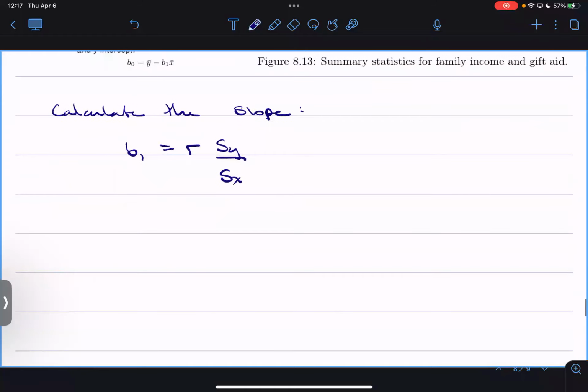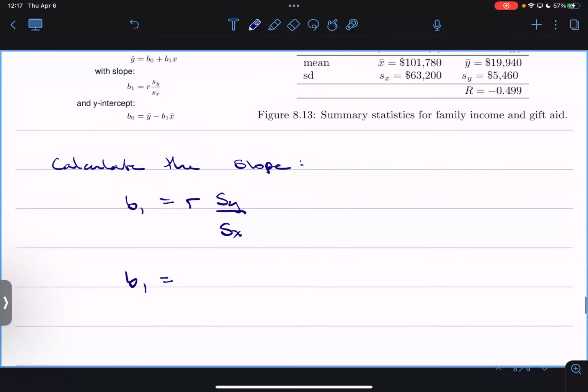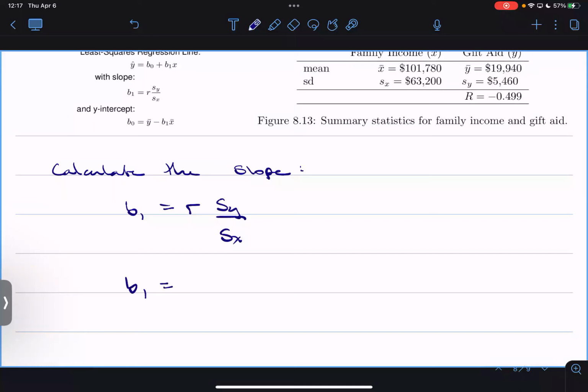So now we're in a plug and chug type of situation. Here, negative 0.499 is the correlation. I have that in the table. The standard deviation of Y is 5,460, and the standard deviation of X is 63,200.